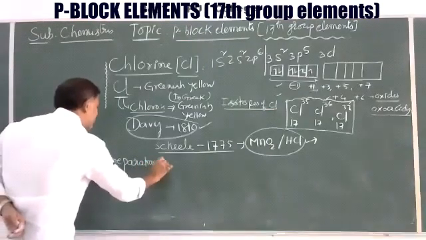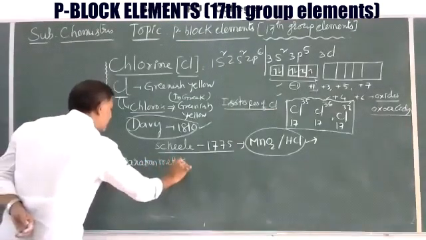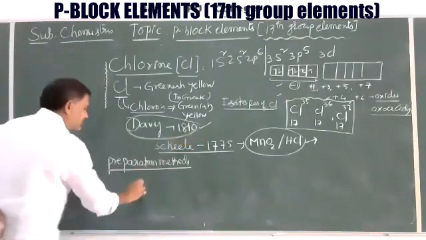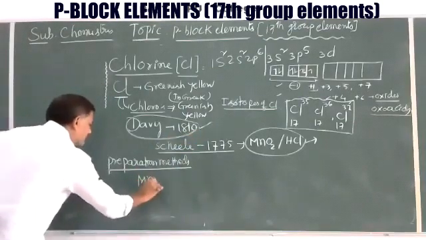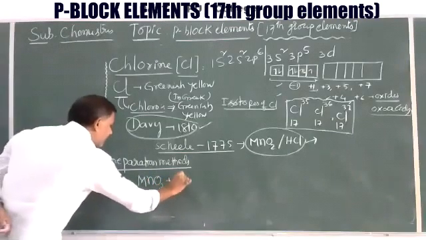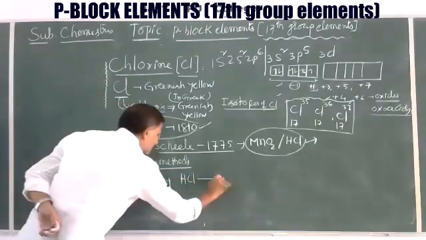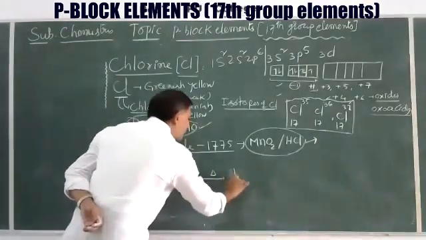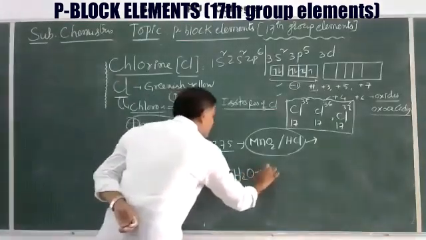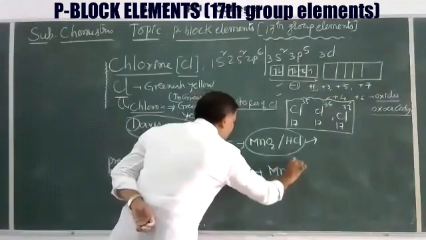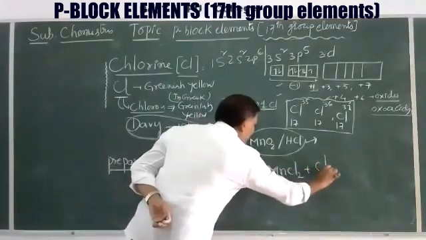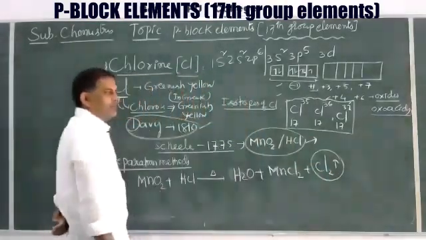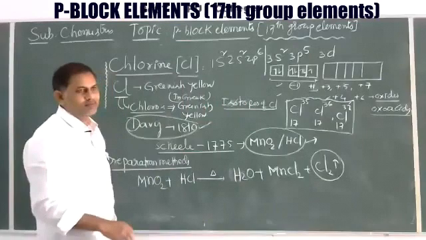In the preparation methods of chlorine, first, manganese dioxide reacts with hydrochloric acid on heating. It gives water, manganese dichloride, where the oxidation state of manganese is +2, and chlorine gas is liberated. Greenish yellow color is observed.